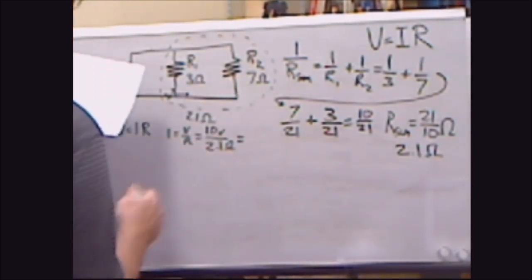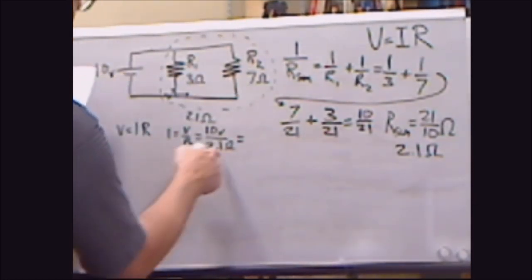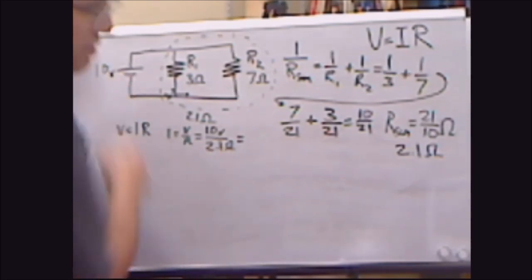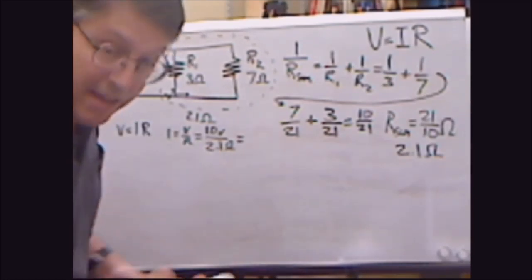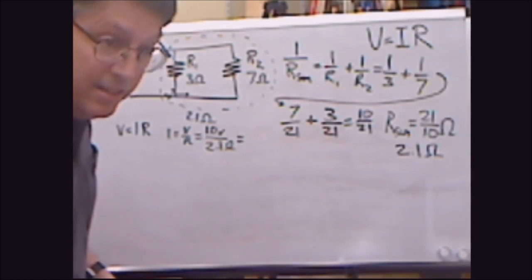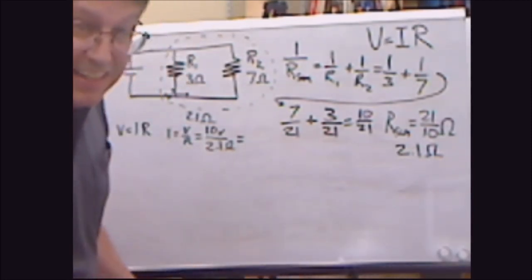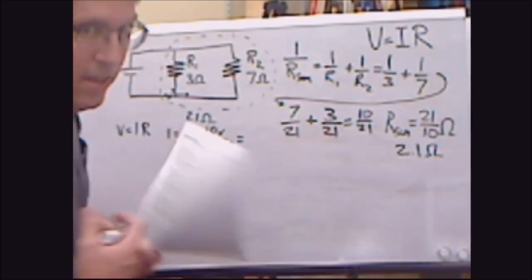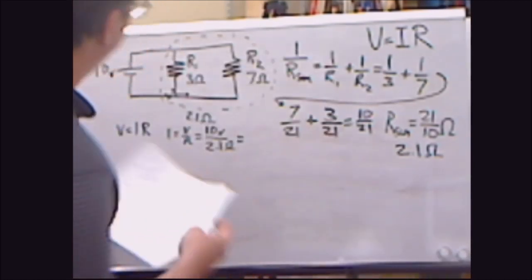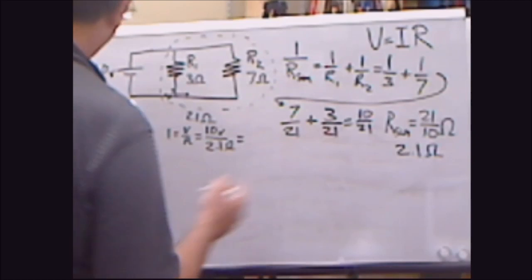You can do that math real quick if you want to, because that's going to tell you how many amperes you're actually pulling off that battery, which is going to tell you how fast the battery is going to go dead, or if you have a plug-in power source, it's going to tell you if the power source can handle putting out that much current or not, anything like that.